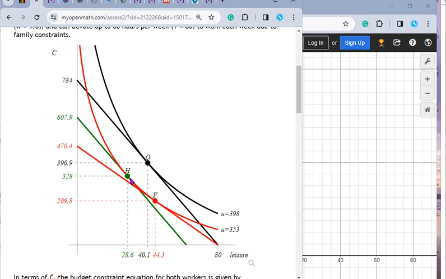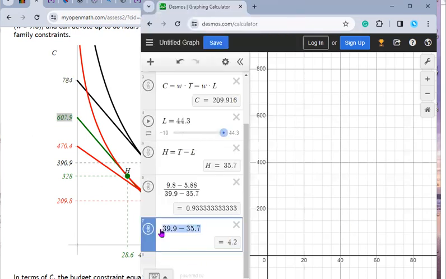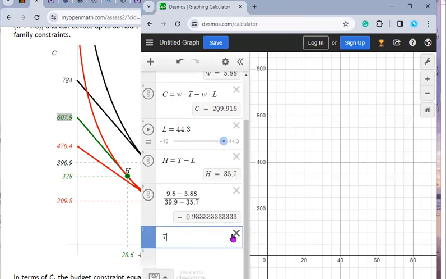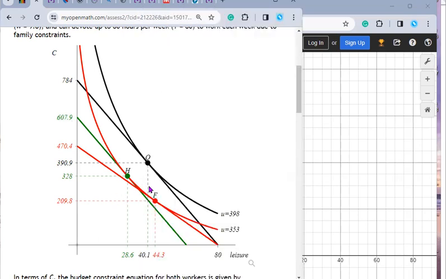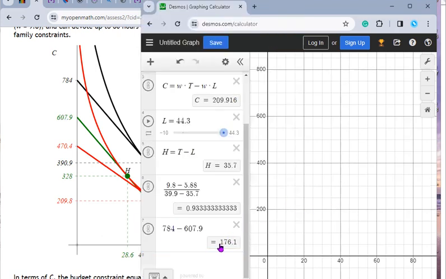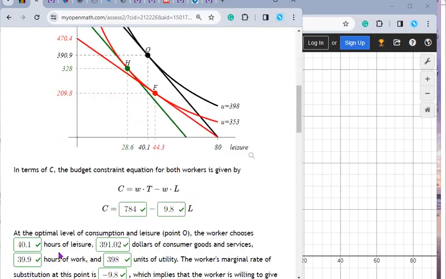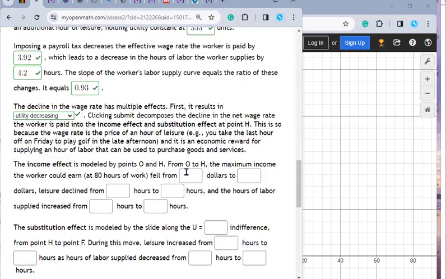So moving from O to H is an income effect where the change in income is the difference between this 784 and this 607.9. So right here, I have the 784 minus the 607.9. And so moving from O to H, it feels like your income fell $176.1.